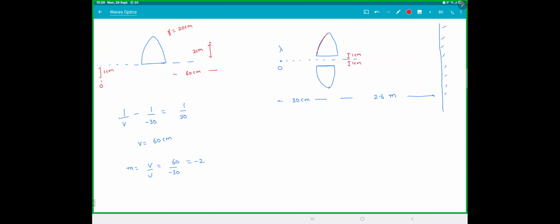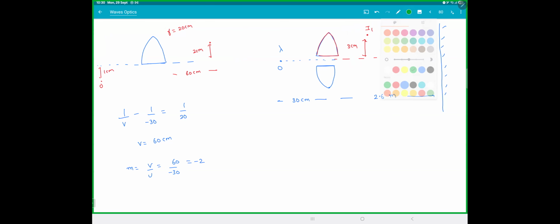So if I take this upper one, I'll get an image here. Let's call it I1. That would be 3 centimeters in total, because 2 from the principal axis and 1 from this.